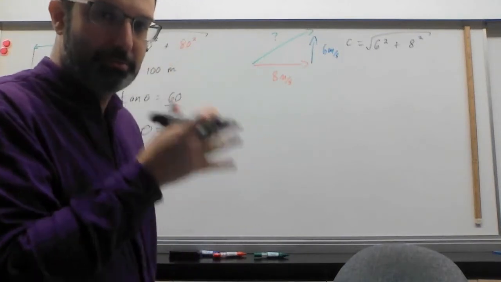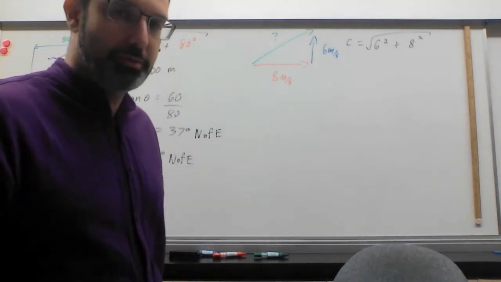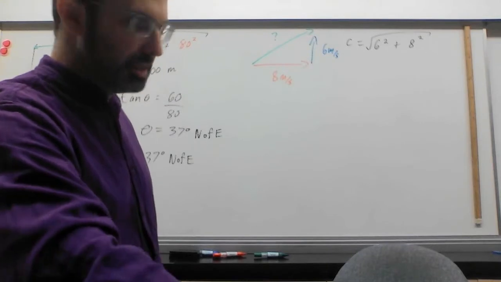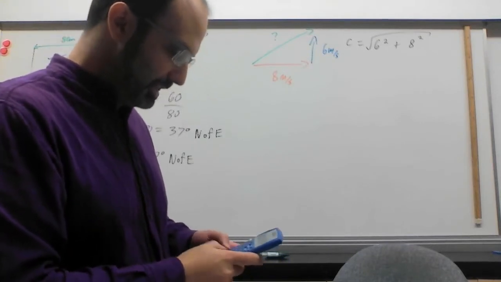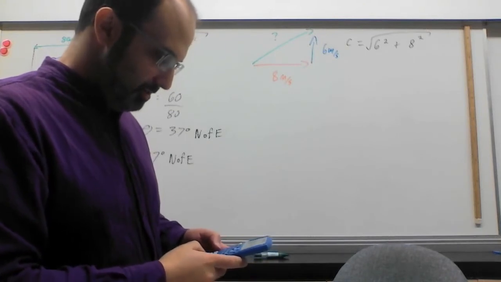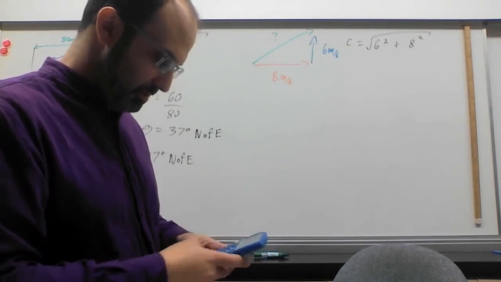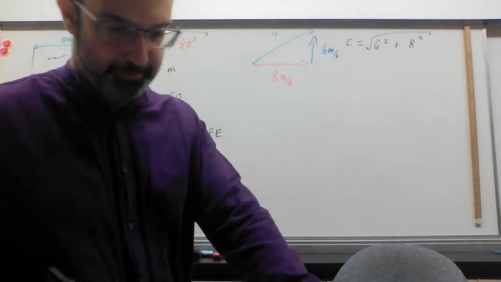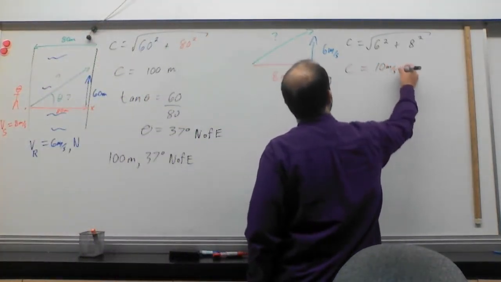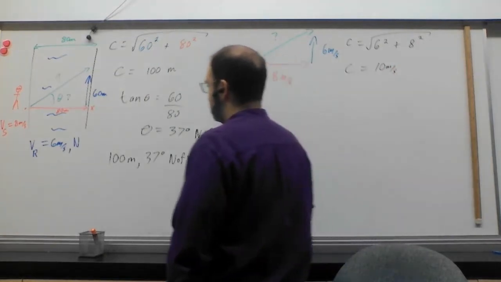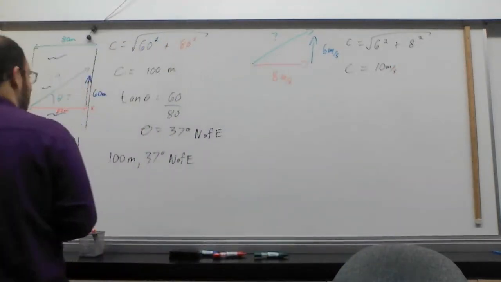They're vectors. Vectors are added the same way no matter what they are. So once again, I take my 6 squared plus 8 squared. It's going to give me 100, so the square root of 100 is 10 meters per second.